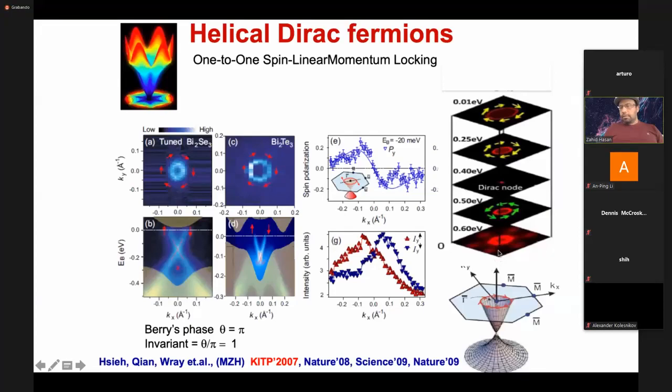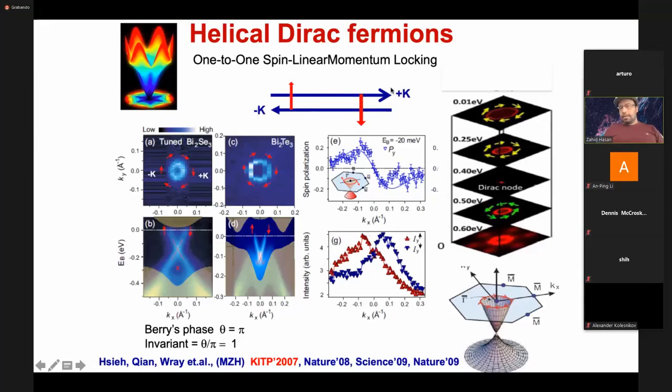In other words, the Berry phase is invariant no matter how the spin chirality changes, as long as you are inside the gap. But if you're outside the gap, then the spin from the bulk bands will contribute, and that will destroy your pi Berry phase.